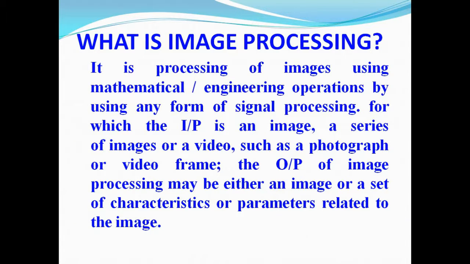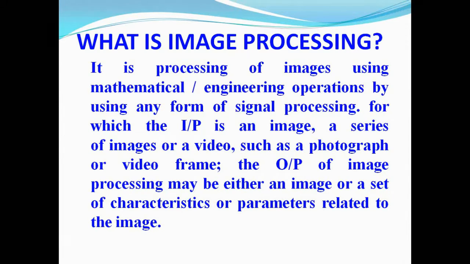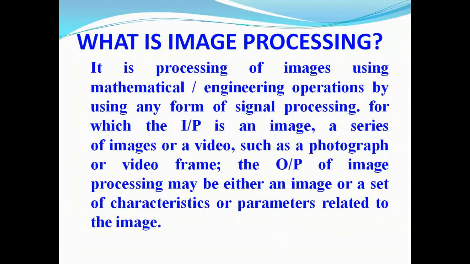Sometimes your input may be an image and the expected output may be characters. You embed some kind of text into the image, and you expect the set of characters, the embedded text, as output.